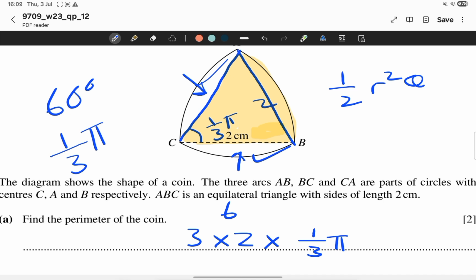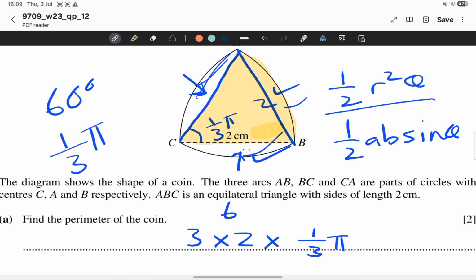Then for the area of this part, I'm going to say area of the sector minus area of the triangle which is inside, and I get the area of the triangle by saying half AB sine theta. Then once I get the area of this part, I multiply it by 2 to cover these, then I add the area of this sector, so it will be this area and this area and the shaded area. That's how I'm going to go about it.